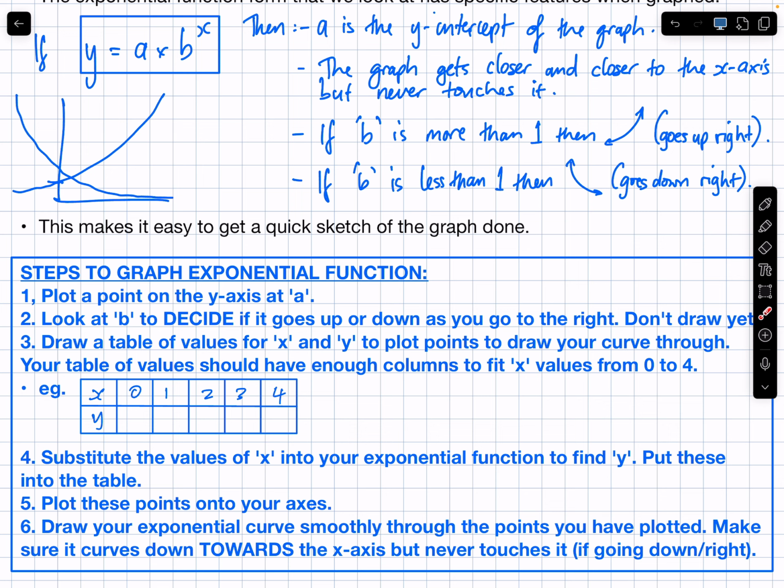People are still copying down, so I'll plot what I can. (4, 8), (3, 4), (2, 2), (1, 1).